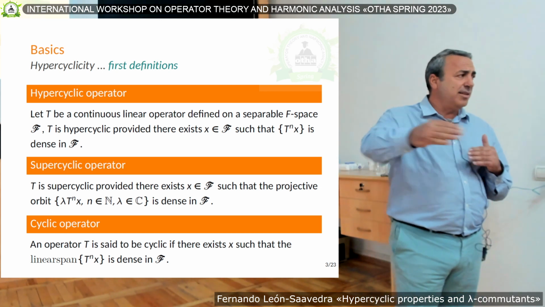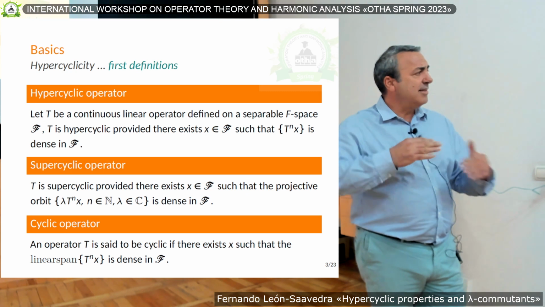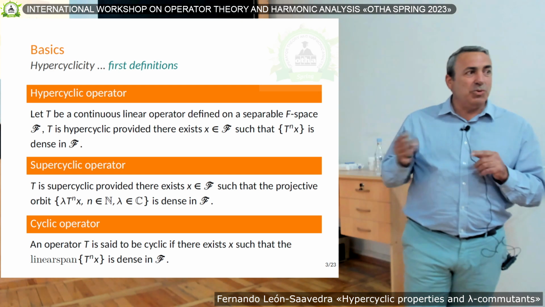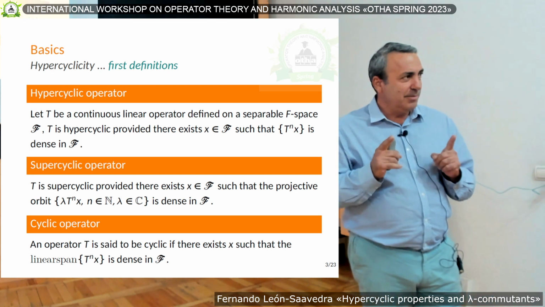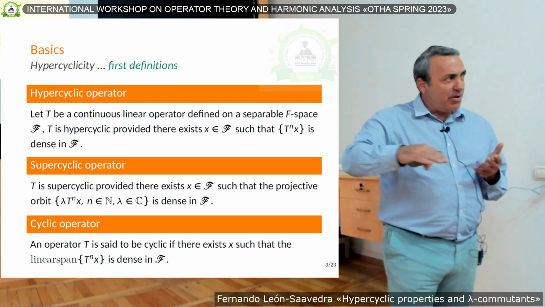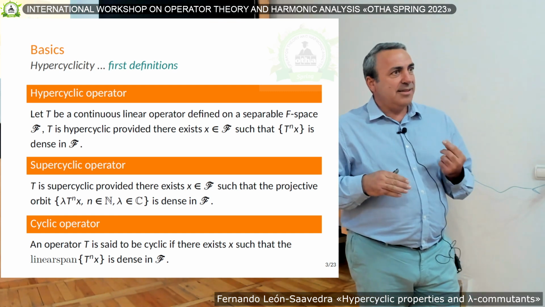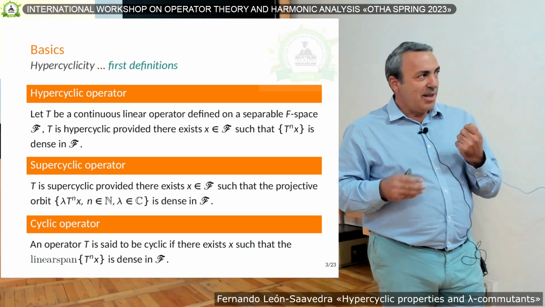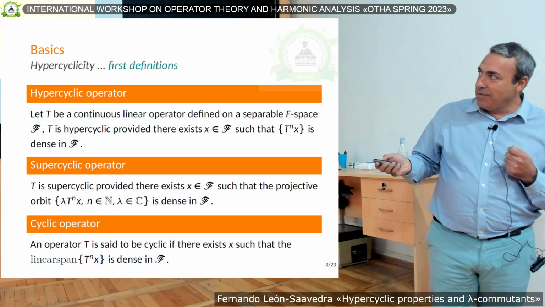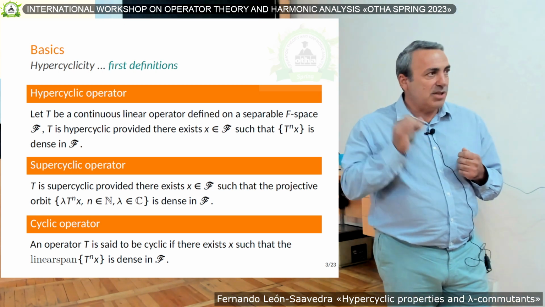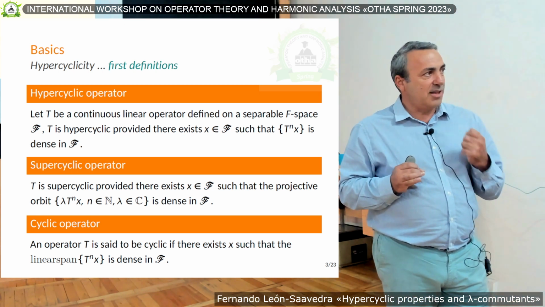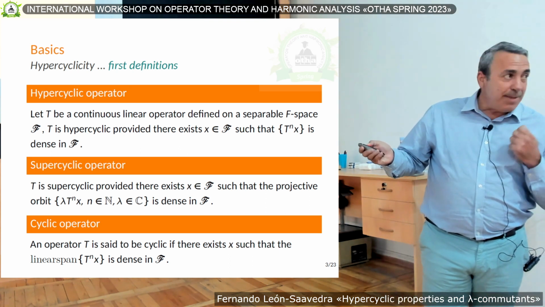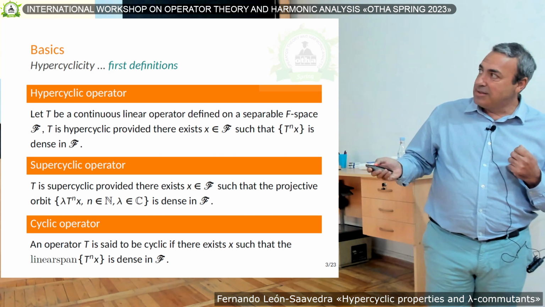Supercyclicity stands midway between hypercyclicity and cyclicity. And hypercyclicity is connected with the invariant subset problem, because the closure of the orbit of one element is the smallest closed subset containing it. And the closure of the linear span of the orbit is the smallest closed subspace containing the vector x. So this notion is connected with the invariant subset problem, and this one with the invariant subspace problem.